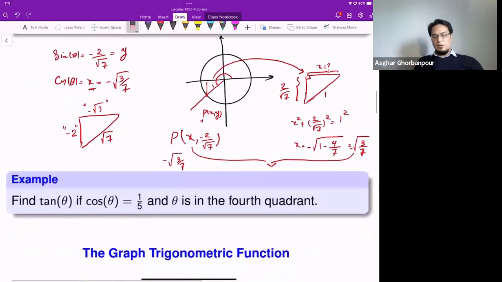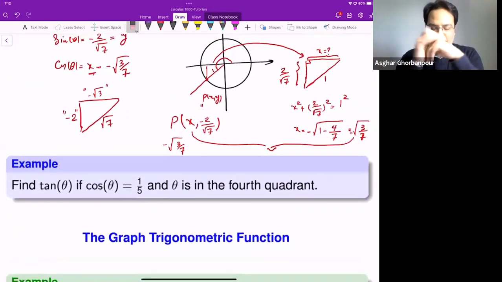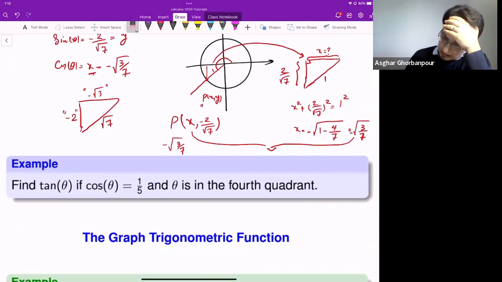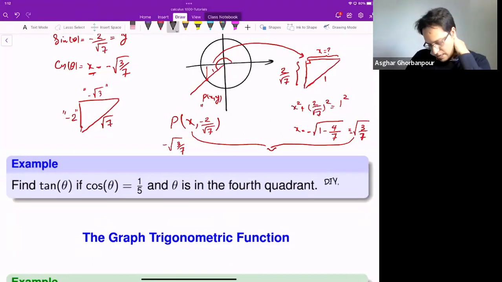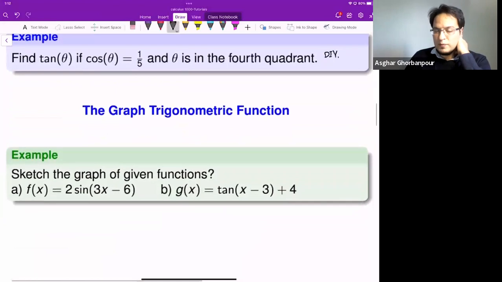I will leave the other one for you. How about that? This one was just an example to do it. I'd rather move to do one or two questions from the trig identities rather than sketching the graphs.